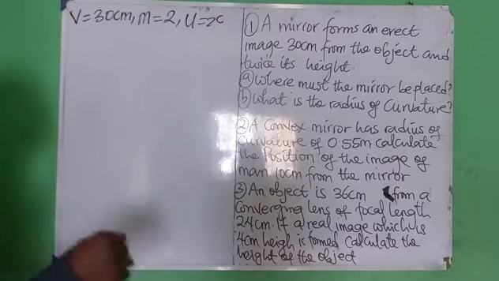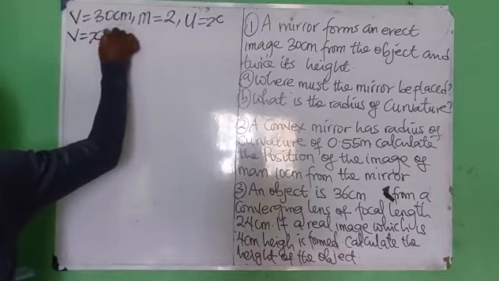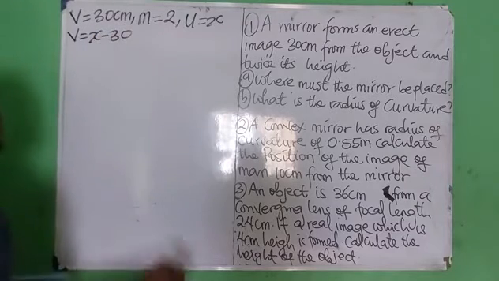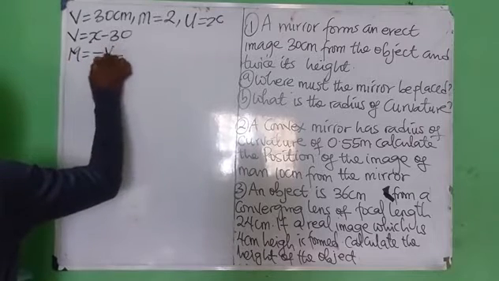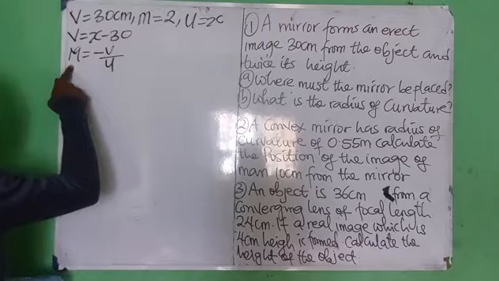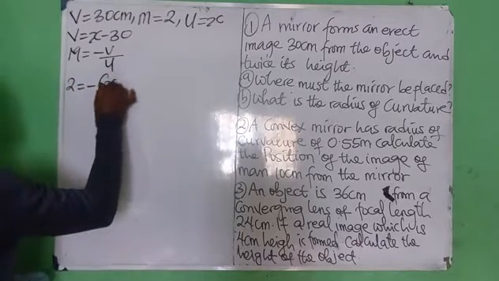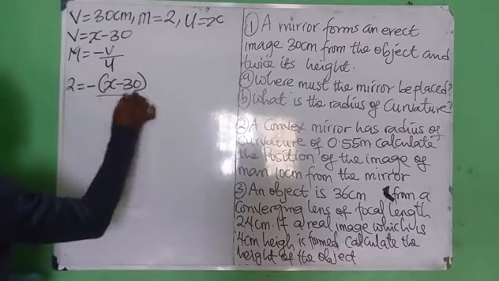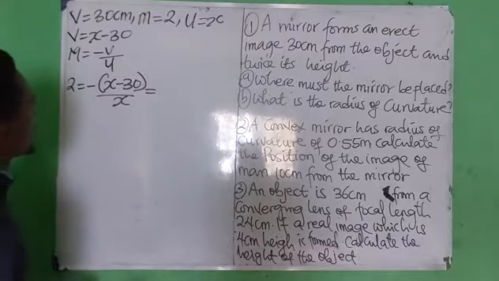I do not know. So if u is x, it means that v becomes x minus 30. So magnification is equal to minus v over u. Magnification is 2, then minus open bracket x minus 30 over x, minus 30 over x.